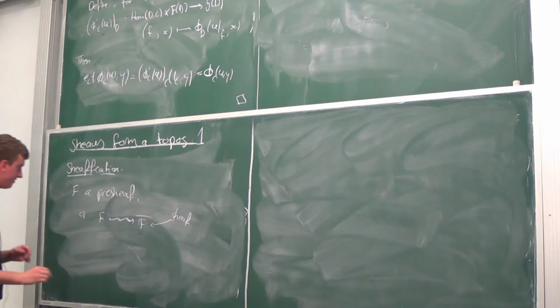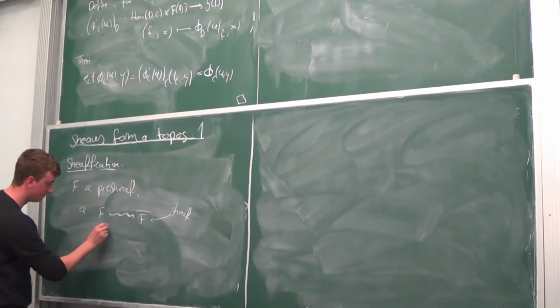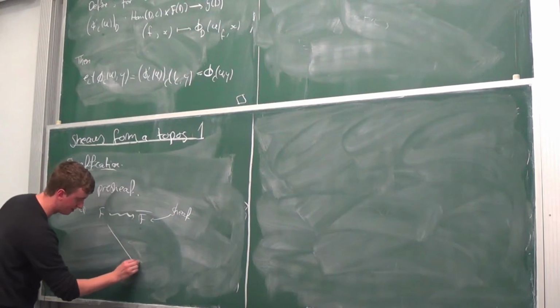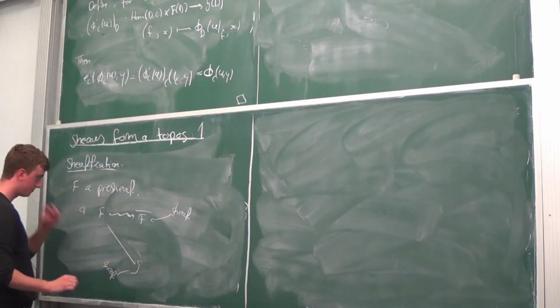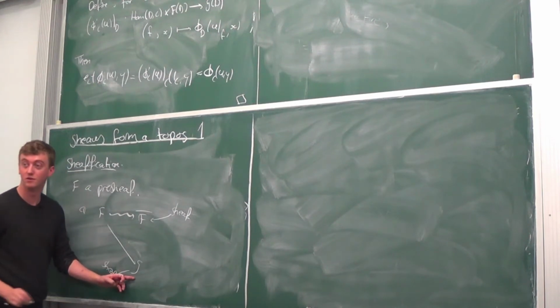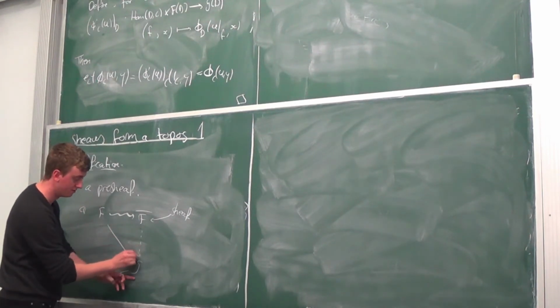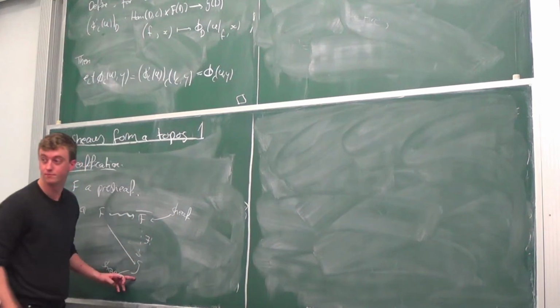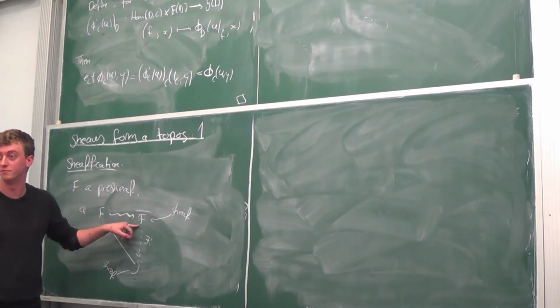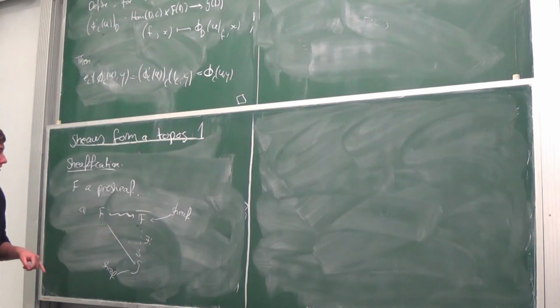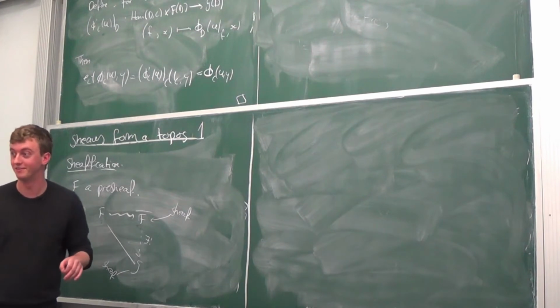And we'd also like that, given any morphism F to some other sheaf G, this factors through. So we not only want to be able to upgrade F to a sheaf, we'd like this to be universal amongst morphisms into sheaves. For technical reasons, we'd also like this to preserve finite limits.